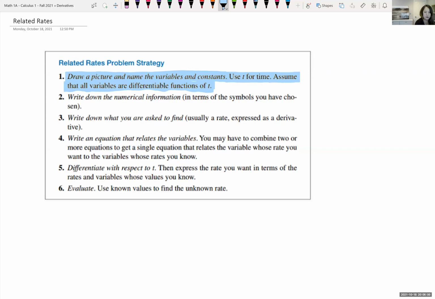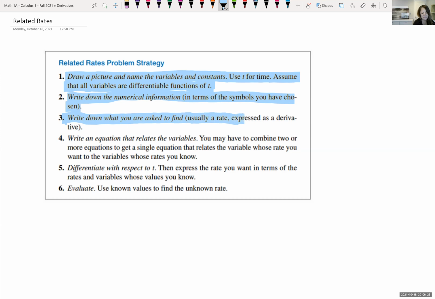Once we draw our picture and determine what our variables are representing, we're going to write down the numerical information in terms of the symbols we chose. We're going to find some equation that represents the information and what we're trying to find. Write down what you're asked to find.